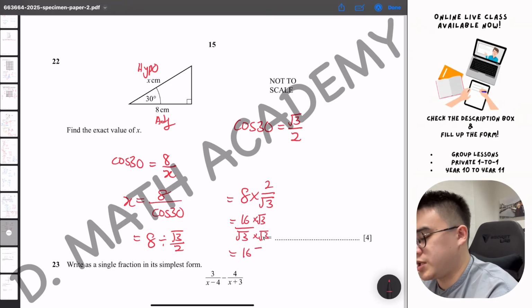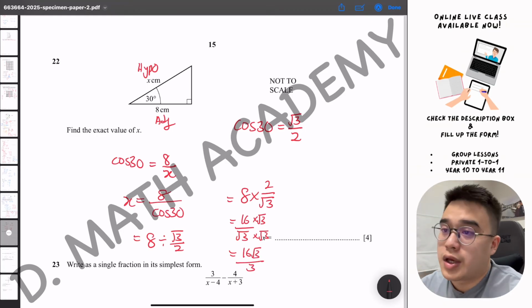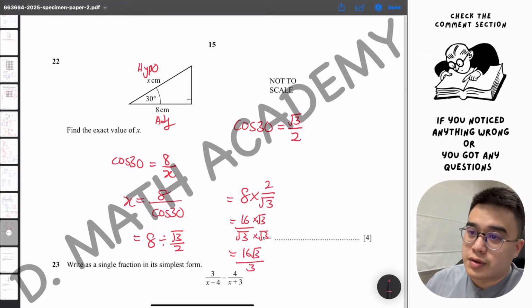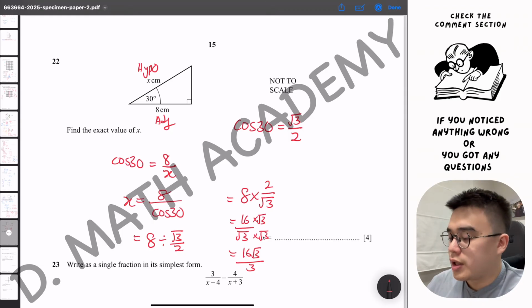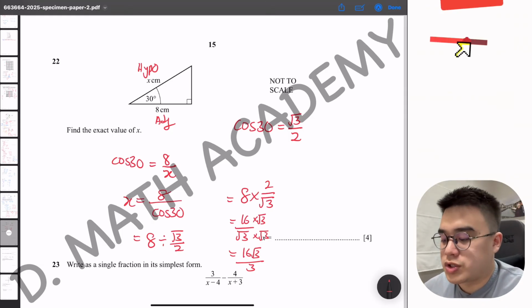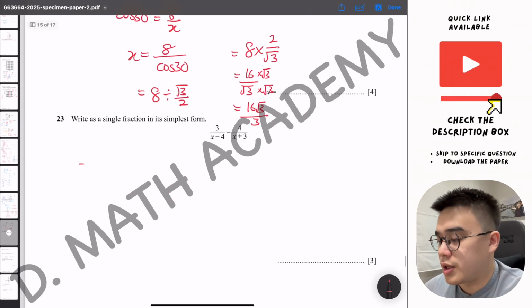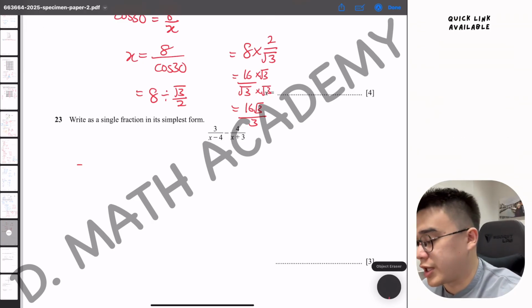So you will get 16 square root 3 over 3 as your final answer. What I did extra here was the rationalization. If possible, try to keep things rationalized.